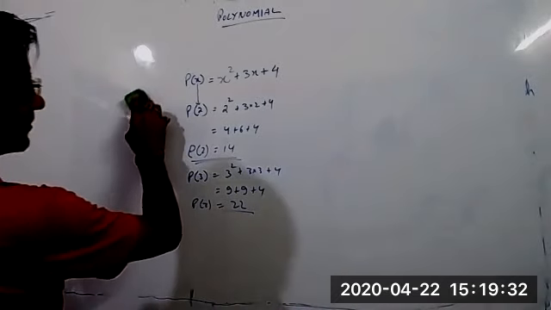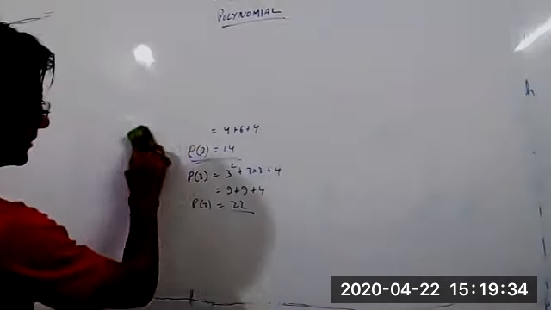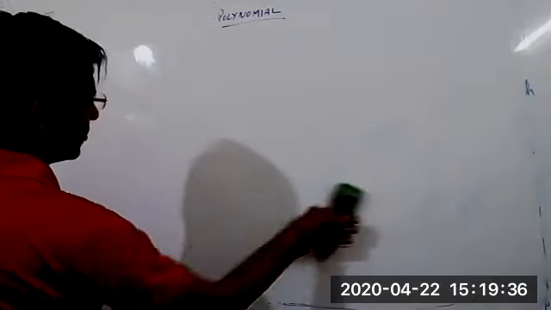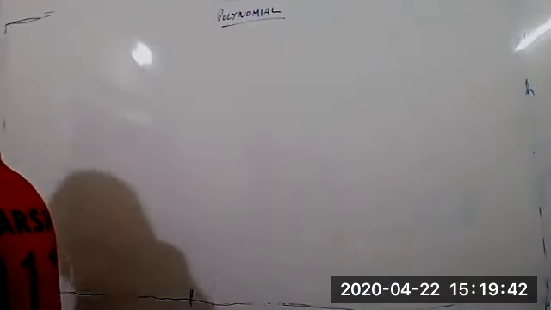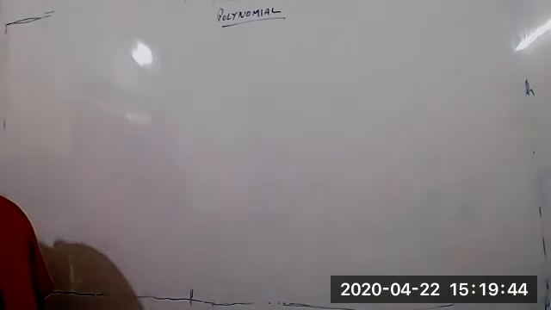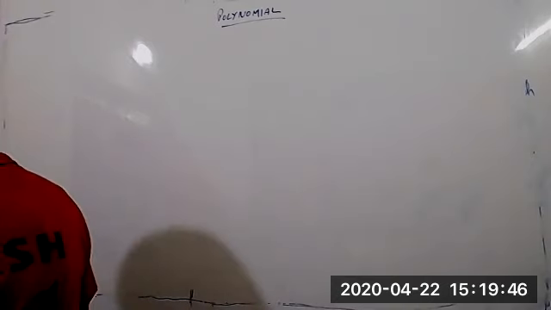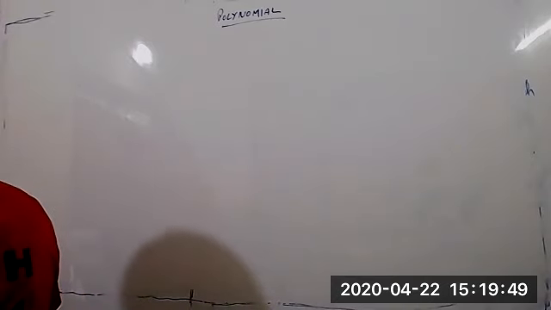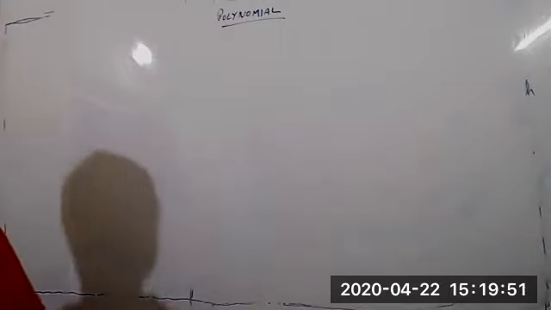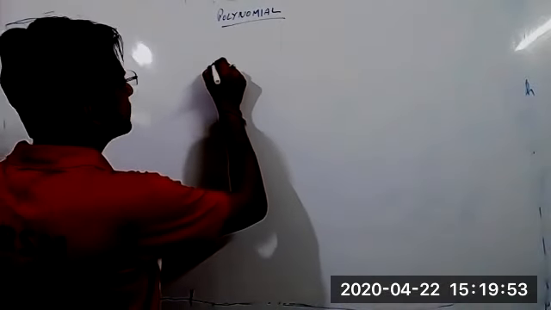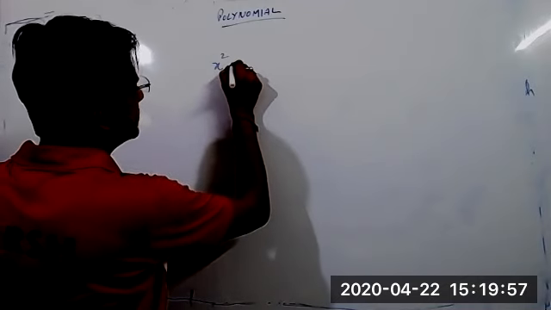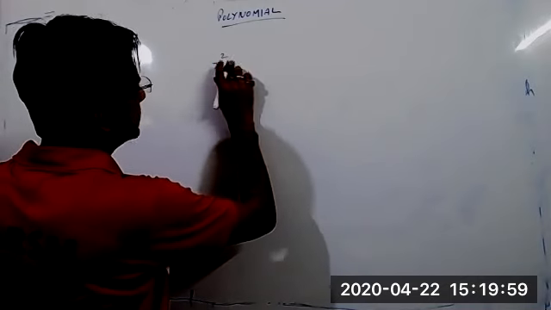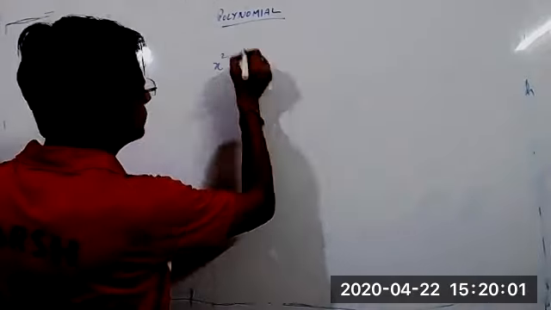Now, next new thing is zero of the polynomial. So what is zero of the polynomial? I'll take one example and then I will explain you. Let me take a very simple example: x square minus 2.